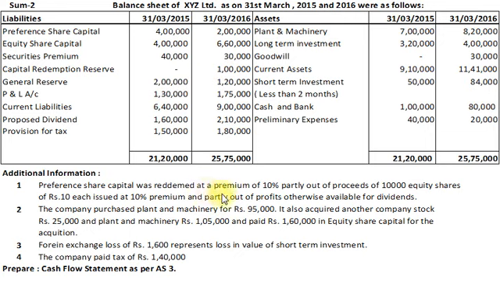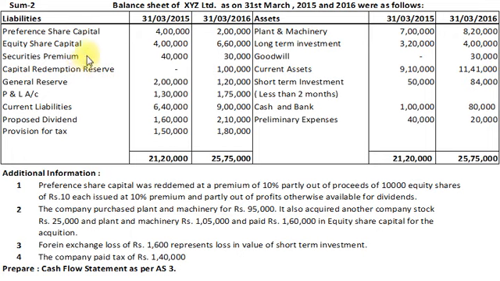Further, we have redeemed preference shares at 10% premium. So there will be a premium of rupees 20,000 and this premium will be written off against securities premium account. Here we have issued 10,000 equity shares of rupees 10 each at 10% premium. It means we are going to receive 10,000 rupees as a premium.